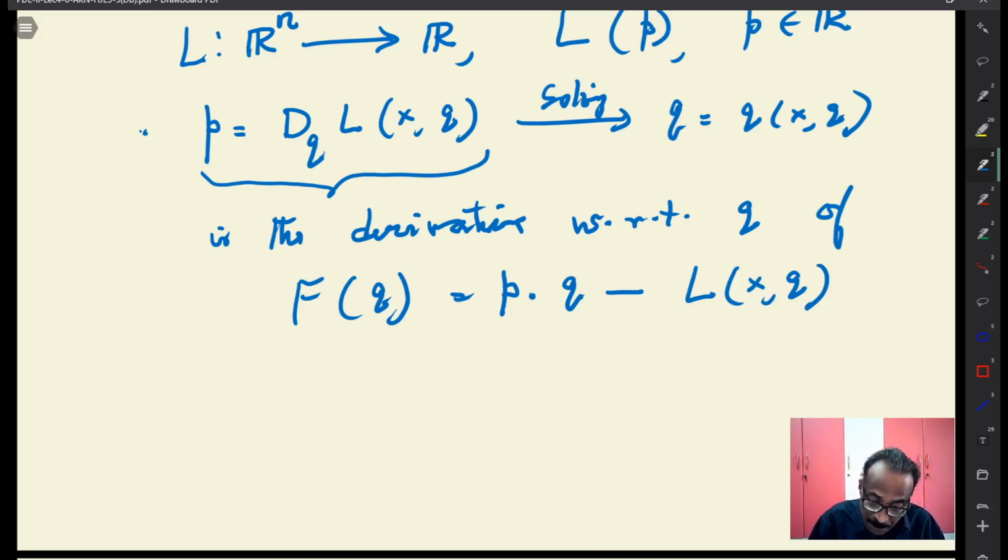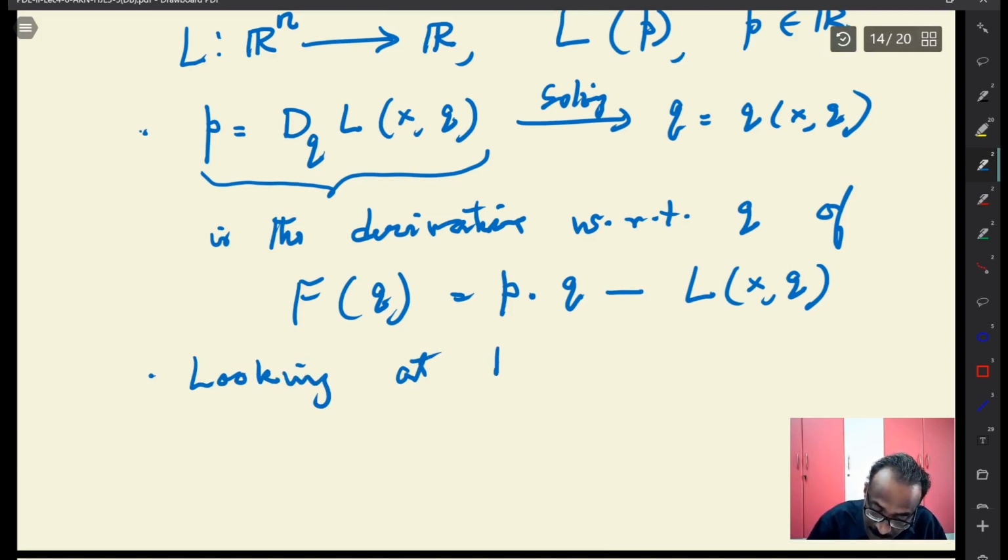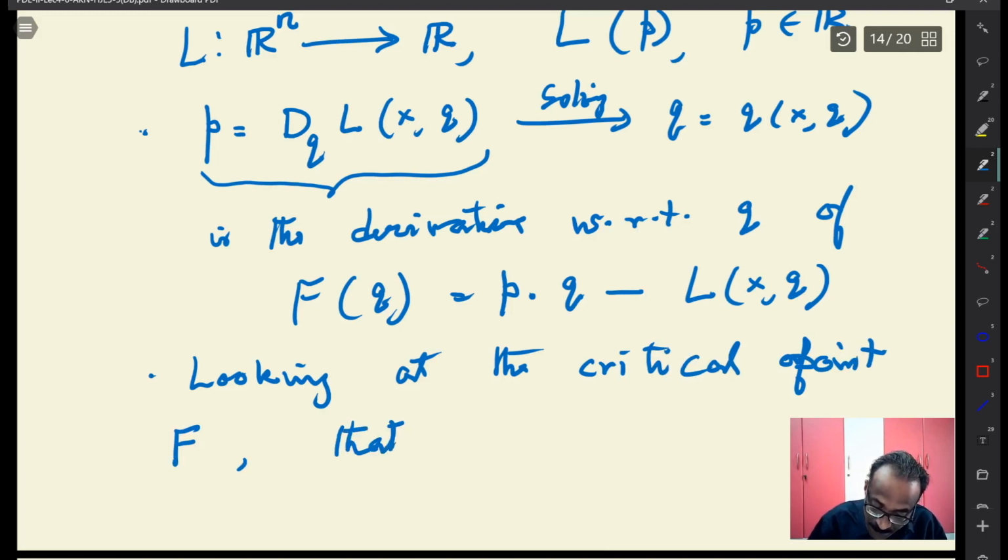So that implies Q is a critical point of this one. P is the derivative, so you have P minus dQ of L is equal to 0. That means we are looking at the critical point of F, that is F prime of Q is equal to 0.